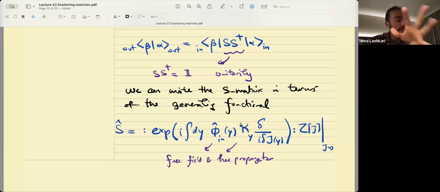Let's say you have a theory which is a scalar field where the free part is just the Klein-Gordon equation, and then there are correction terms which are interaction related.